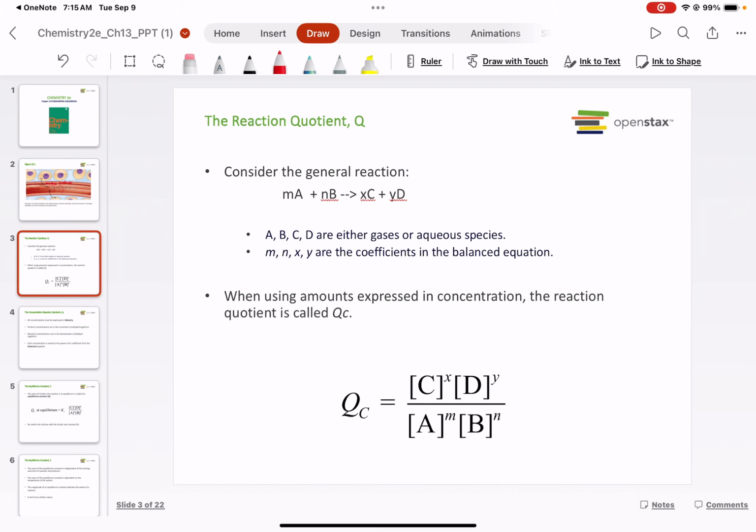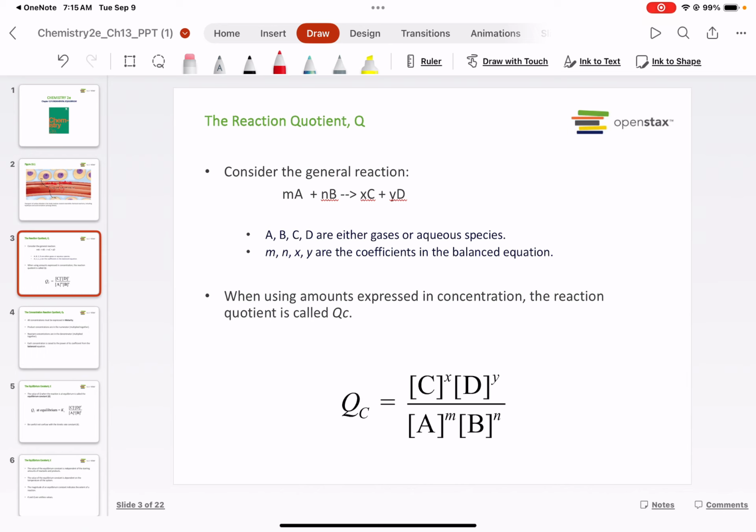Let's say we have a reaction where m capital A, that's reactant A, m is the balance coefficient, plus nB gives us xC and yD.